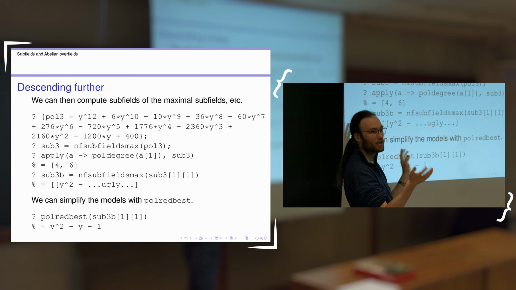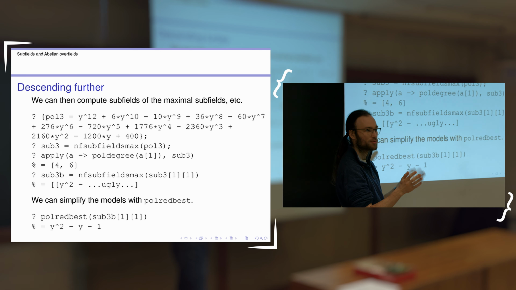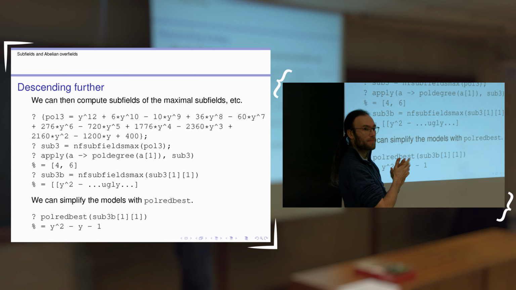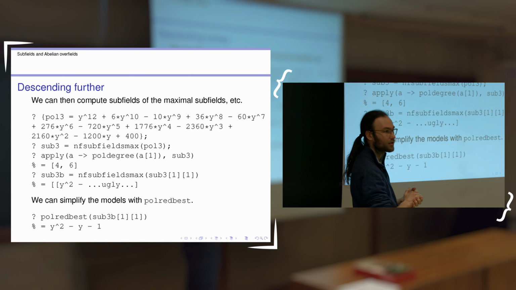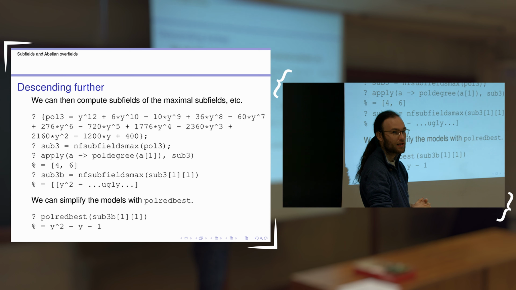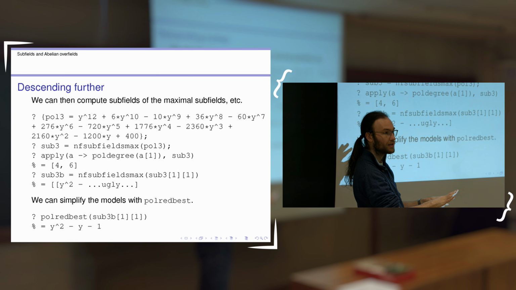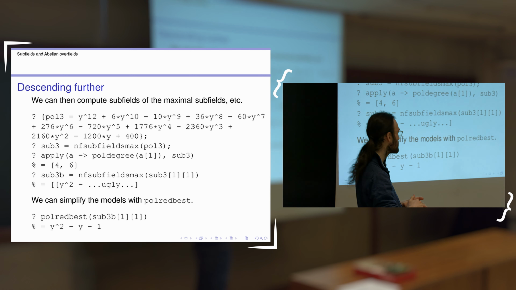So maybe it's good that you know of it, and if it's needed for your application, we may consider exporting it. The way the algorithm works, it will first compute a set of subfields that are called the principal subfields, and that have the property that you can obtain every subfield by taking some finite intersection of the principal ones.